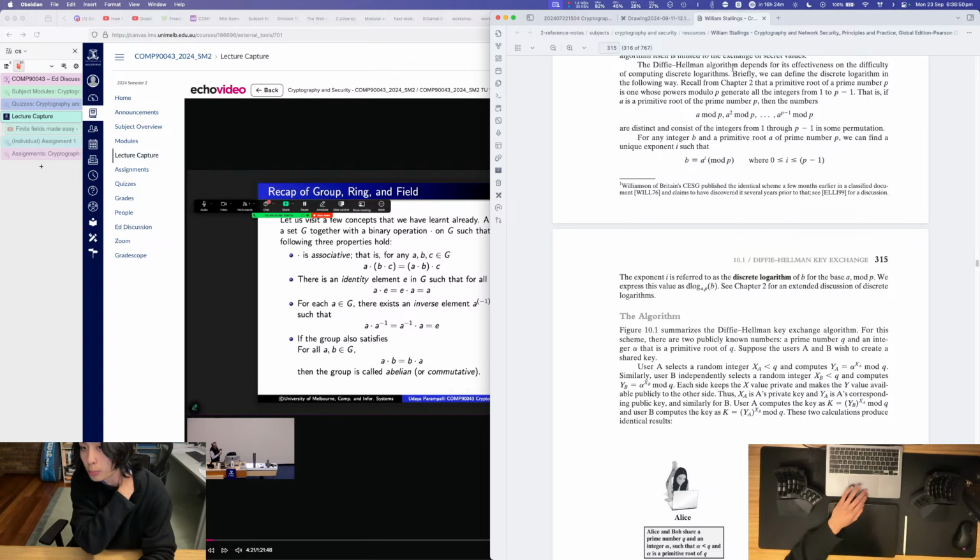For any integer b and a primitive root a of the prime number p, we can find a unique exponent i such that b is congruent to a to the i, mod p.